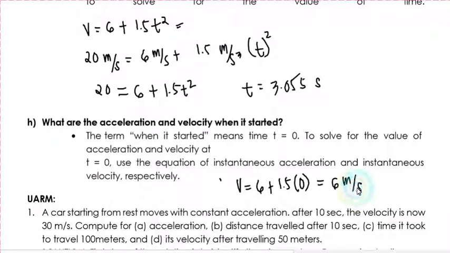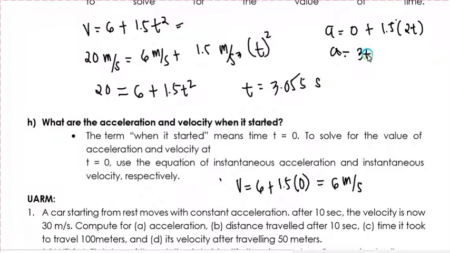To find the value of acceleration, we need to derive. In order to derive this, acceleration will be equal to the derivative of 6, which is 0, plus 1.5 times the derivative of t squared, which is 2t. So our acceleration equation will be equal to 3t.